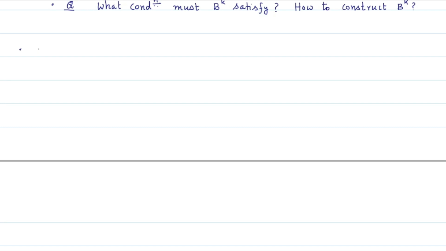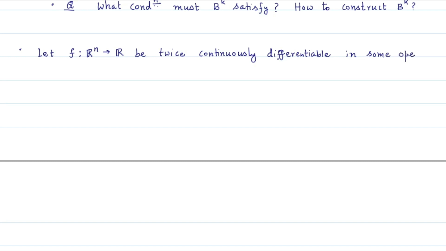That is, we started by letting the objective function f of the unconstrained optimization problem be twice continuously differentiable, maybe on an open set, say D, instead of considering f to be twice continuously differentiable in the entire n-dimensional Euclidean space.